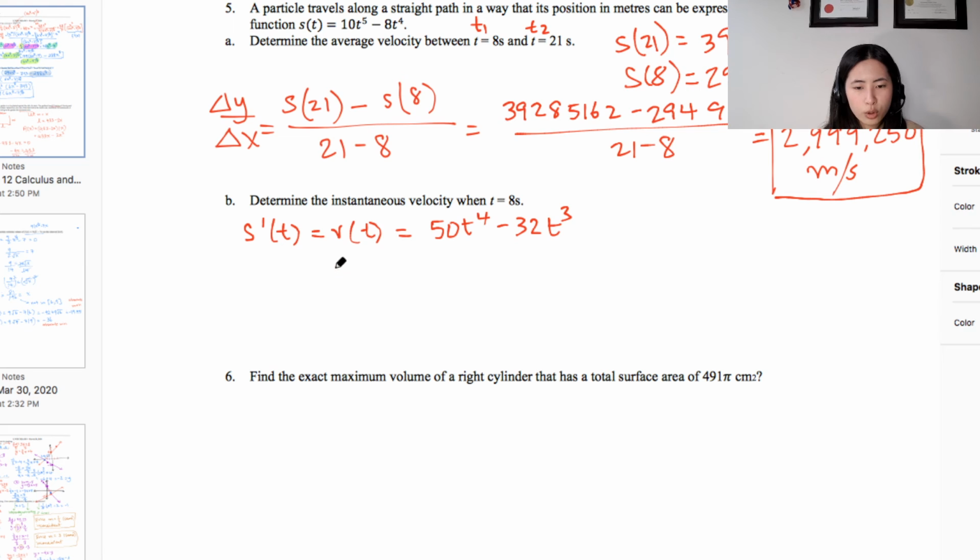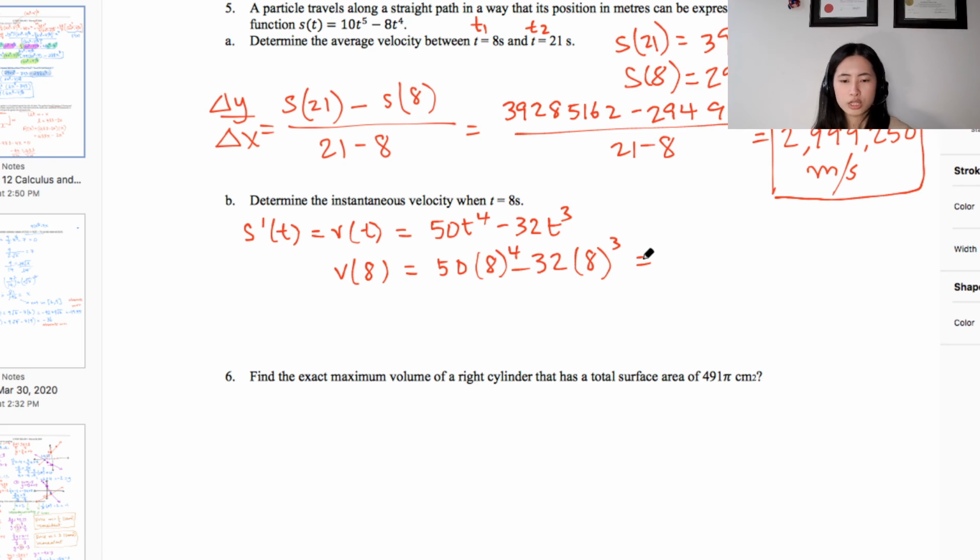Because it's instantaneous velocity at t equal to 8, you're going to find v of 8. So 50 times 8 raised to the power of 4 minus 32 times 8 cubed. Plug that into your calculator. This is actually 188,416.